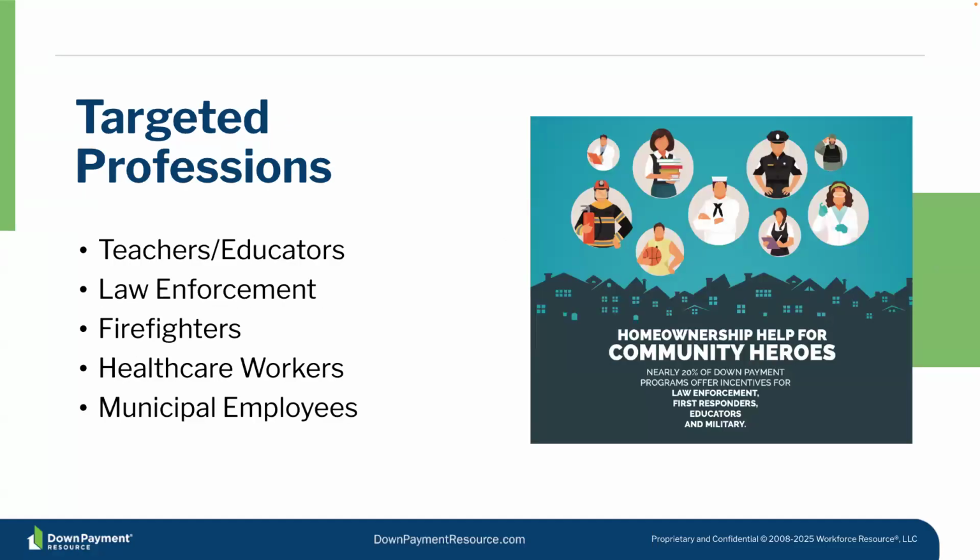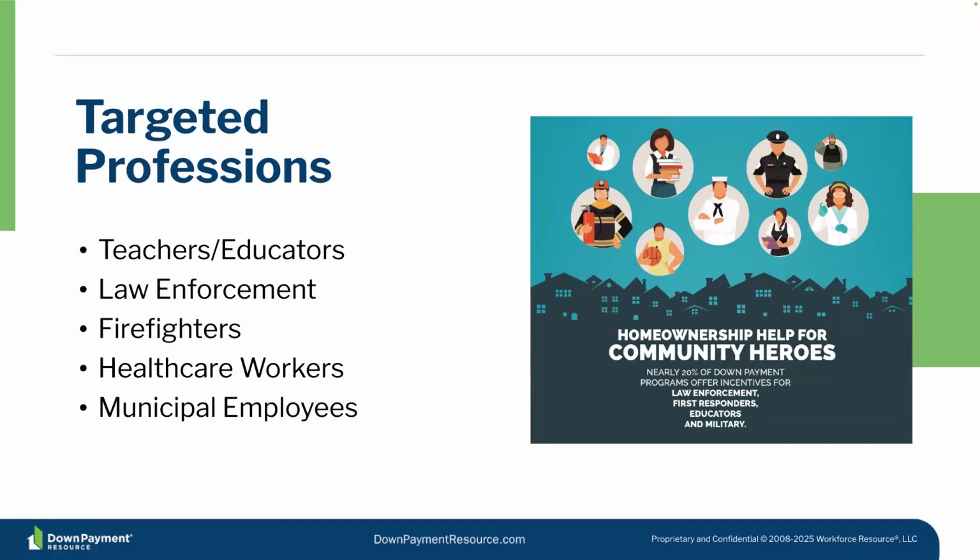Now, there are also special programs available in many markets that target certain professions, typically teachers, educators, police officers, firefighters, healthcare workers, and municipal employees. As an example, in Georgia, the state funds the Georgia Dream program that offers 10,000 in down payment assistance to eligible buyers, but teachers, police officers, and nurses can get an additional 2,500 for a total of 12,500 in down payment and closing cost assistance.